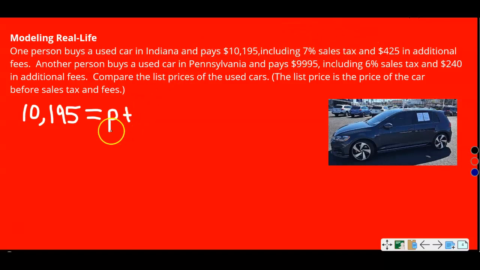It's the price of the car times 7%. So you can write 7% as a decimal, 0.07 times the price of the car. This represents the price of the car, this represents adding the sales tax, and we also have to add the additional fee of $425.